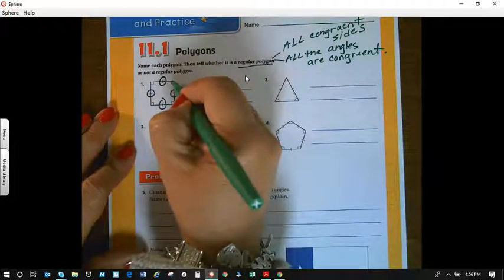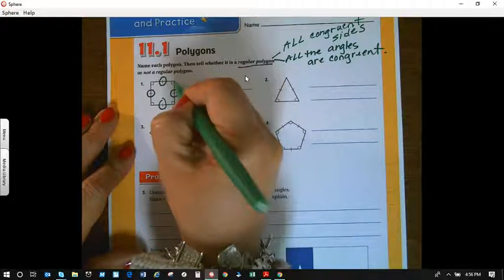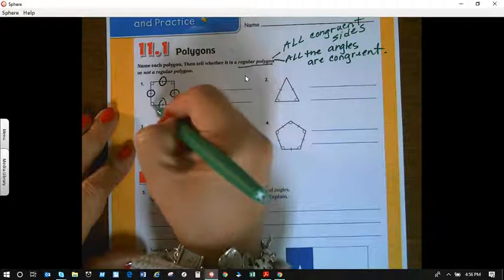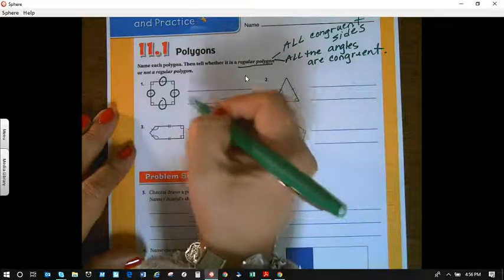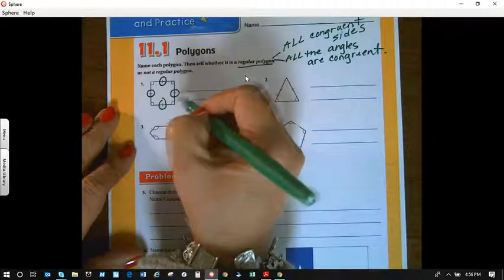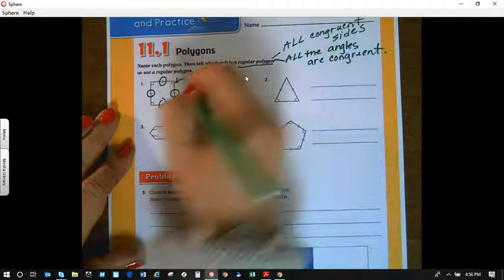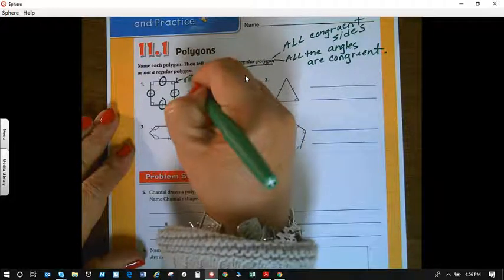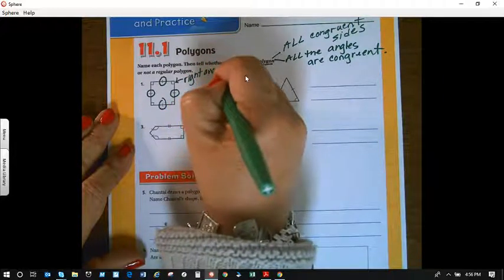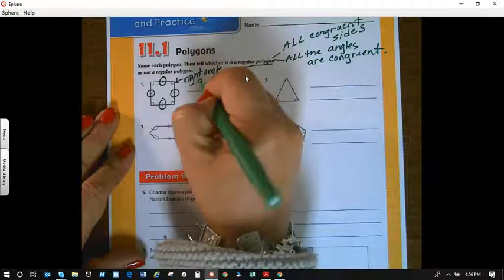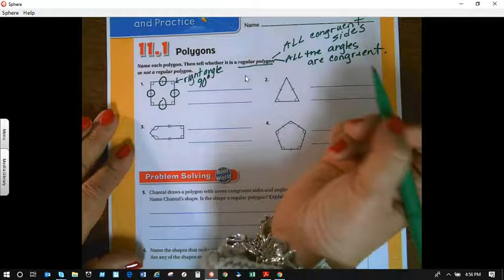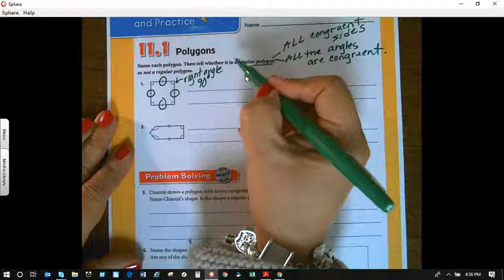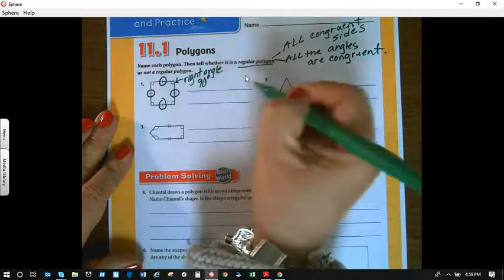If you notice on the angles, this is a 90 degree, this is a 90 degree, 90 degree, 90 degree, and I know this because they're right angles. So I'm going to label this as a right angle, which is also 90, and I'm going to put the little circle on top to tell myself that it's 90 degrees.